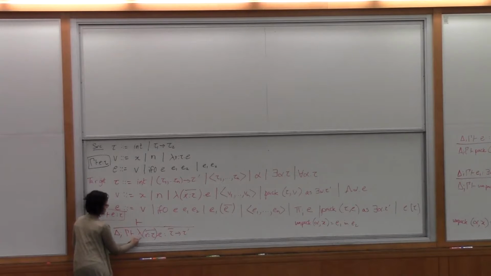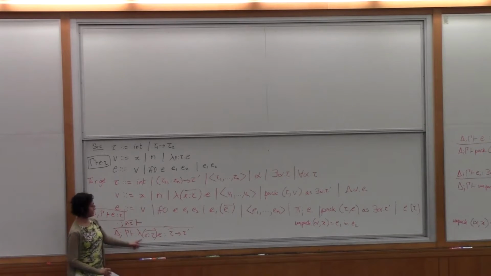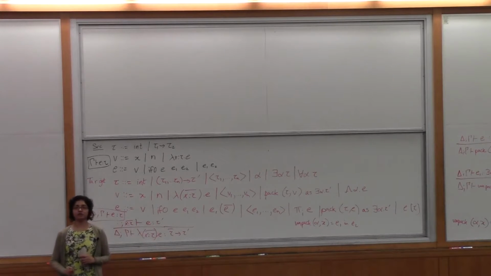I have to type check it only under the actual inputs to the function. Here it doesn't have any type variable inputs, so I'm going to put a dot in that environment. It can type check under all the inputs to the function, but nothing else. Otherwise, it has to be rejected. Okay?